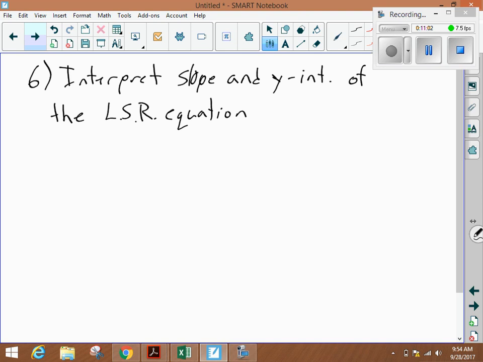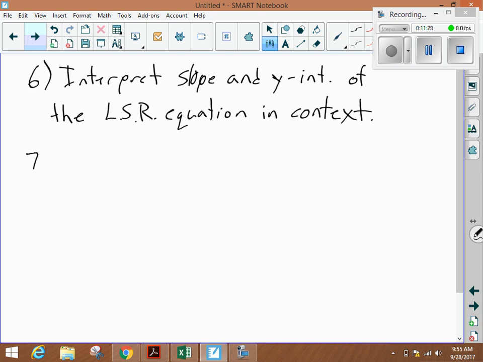Remember, always, always, always in context. Please don't say it goes down by 0.52 or whatever, right? You wouldn't be wrong, but it's not in context. Don't interpret it using x and y. Make sure that you do it in context.